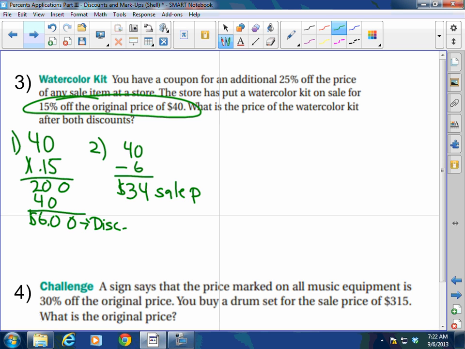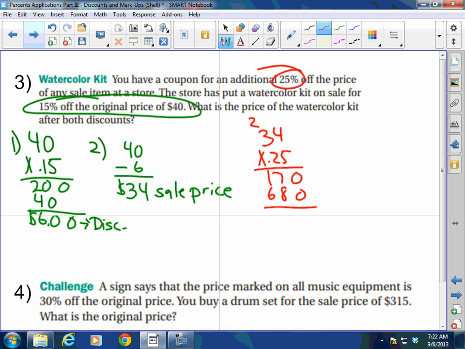That's my sale price. Now, from there, I can take an additional 25% off. So I have $34 times 0.25, that's an additional $8.50 discount. So now that's step 3.